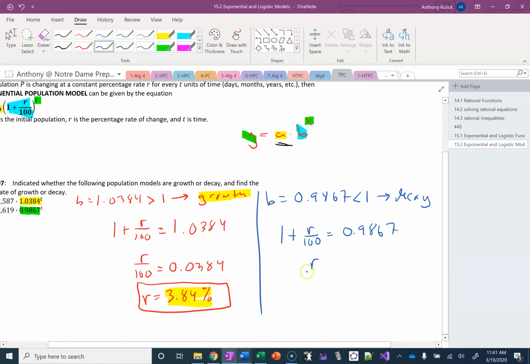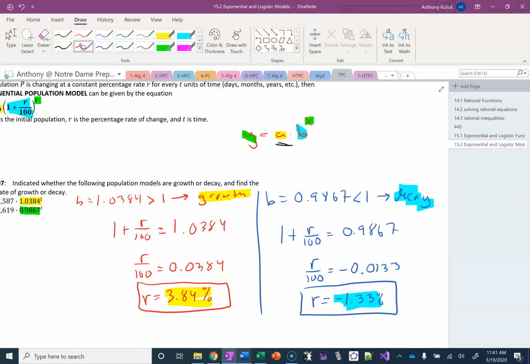I'll start by subtracting 1 from both sides. Here things change a little bit because I get negative 0.0133. Notice I'm getting a negative number here. When I multiply by 100, I get negative 1.33%. Again, I'm getting a negative number, which syncs up with this being a decay function.